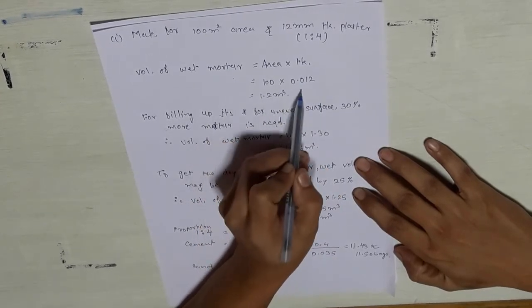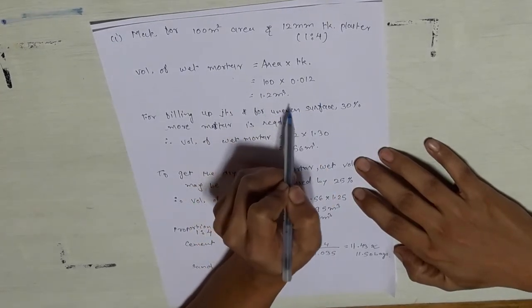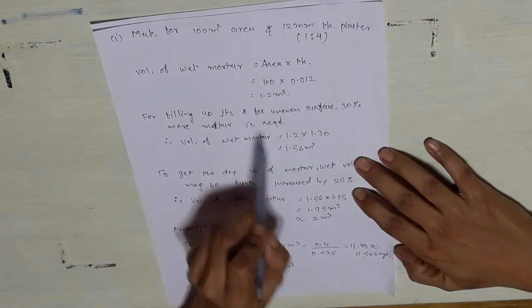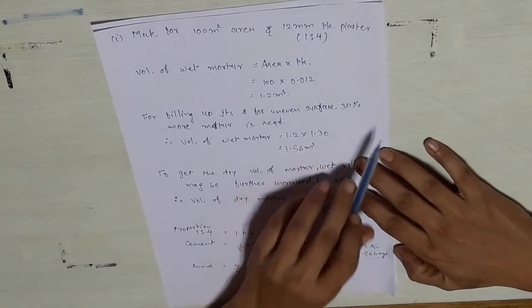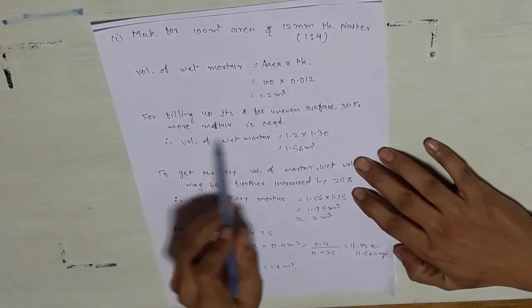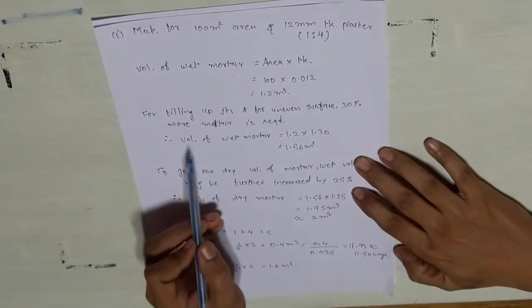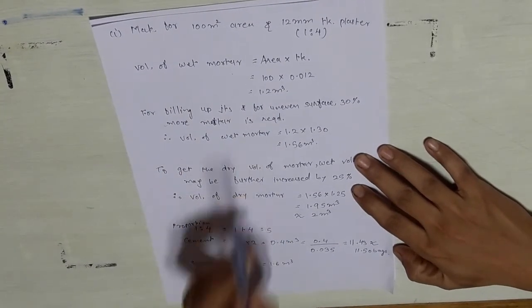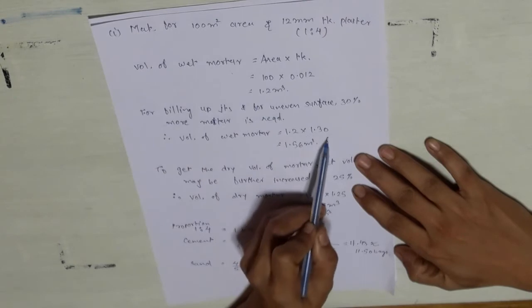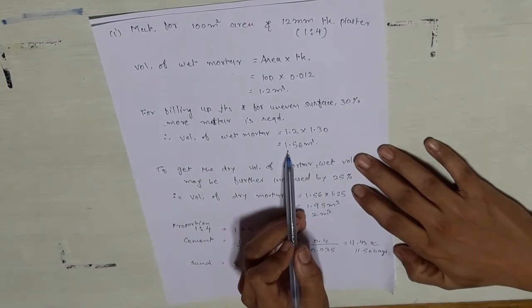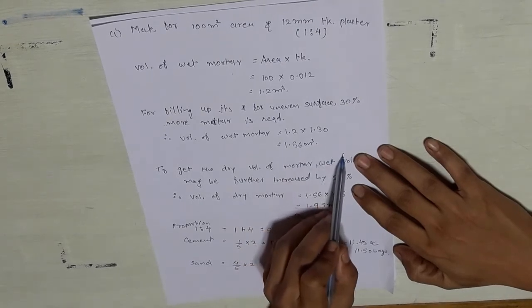So 100 multiplied by 0.012 comes to 1.2 meter cube. For filling up the joints and for uneven surface, 30% more mortar is required. So volume of the wet mortar is 1.2 multiplied by 1.3, that is 1.56 meter cube.